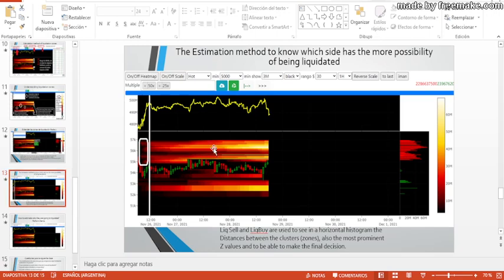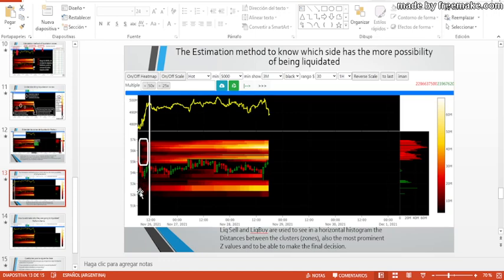The estimation method to know which side has more possibility of being liquidated: the strategy is basically to see the open interest rising, and at the time of the rising open interest, see which zone, above or below, has more accumulated liquidation zone.